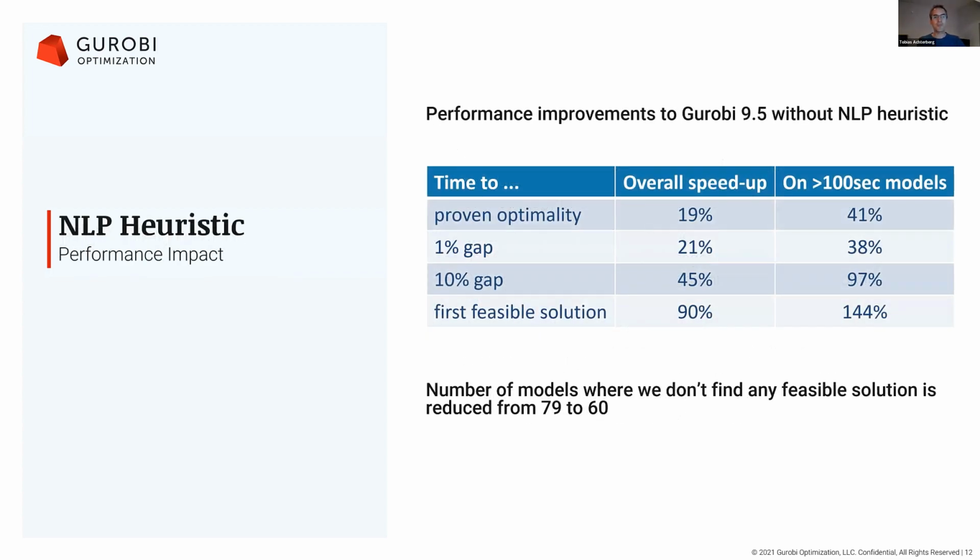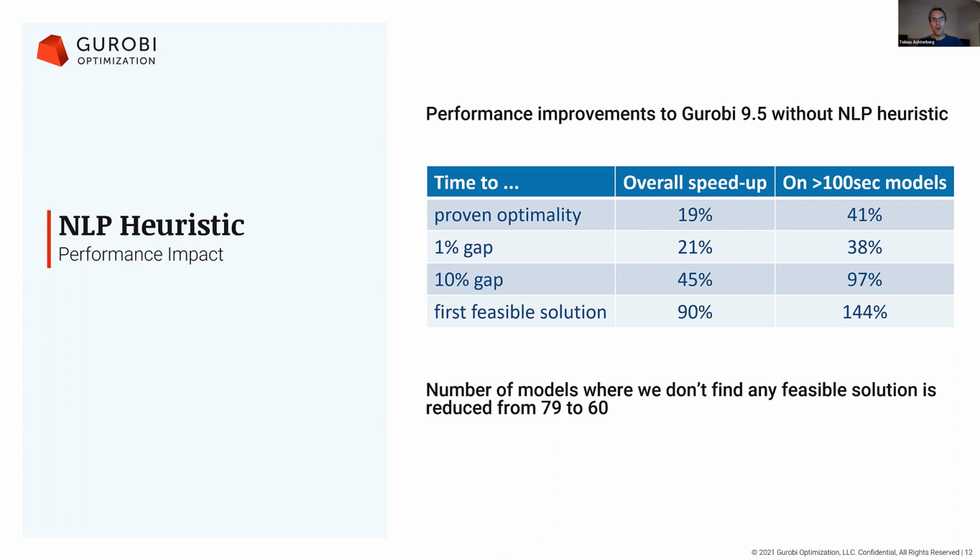When you look at our test set and measure the improvement due to that heuristic for time to optimality, then you see overall a 19% speedup and a 41% speedup on the harder models. Okay, it is probably not that great, given that this is a completely new algorithm that we had to implement, and this took us almost a year to implement.